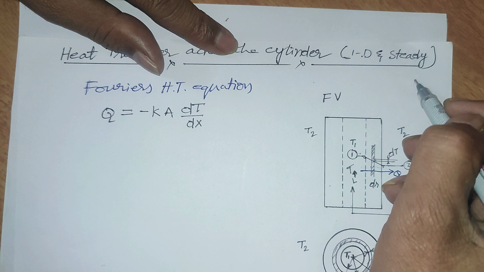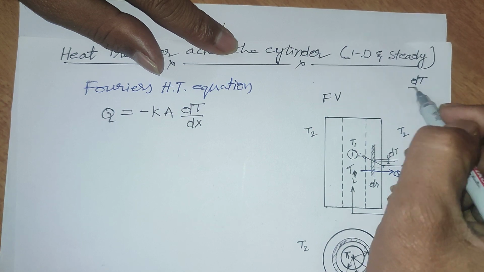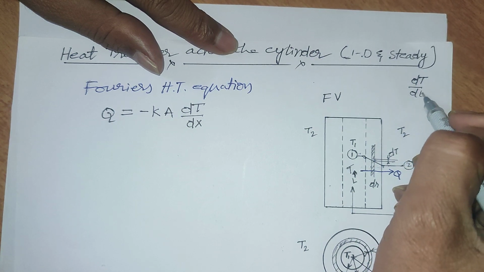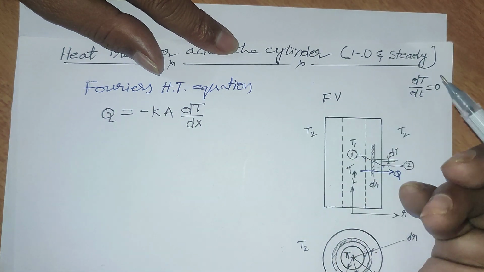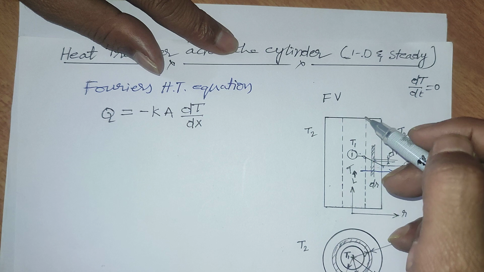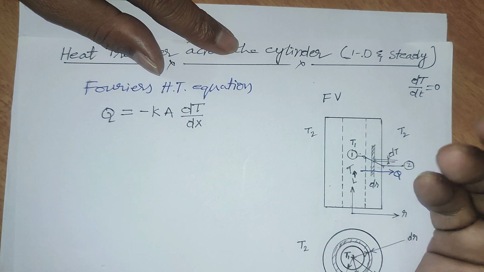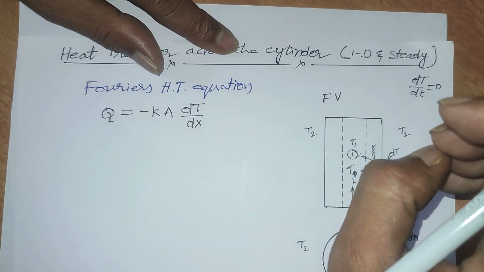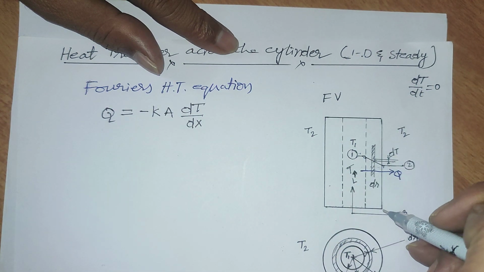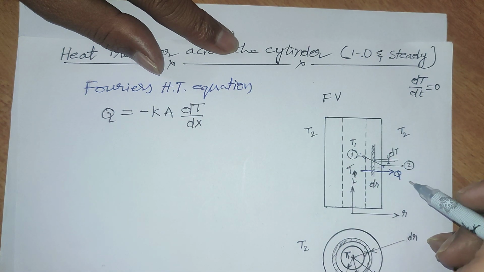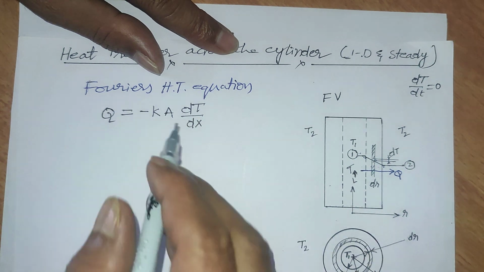Steady means the temperature change with respect to time is 0, and one dimension means in other directions, that is in the L direction or some Z direction, there is no heat transfer in any direction other than the radial direction. So heat is transferring in only one direction, that is the radial direction.